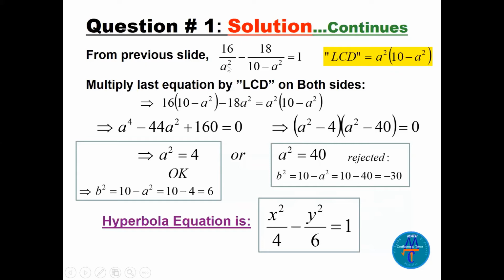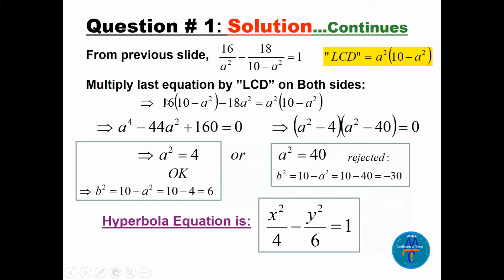So it's A squared times (10 minus A squared). Multiply on both sides. You see here, on both sides. So if you multiply this LCD on both sides, each term, we have 3 terms, it becomes 16 times (10 minus A squared) minus 18 A squared is equal to A squared times (10 minus A squared). Now you have to rearrange this equation.